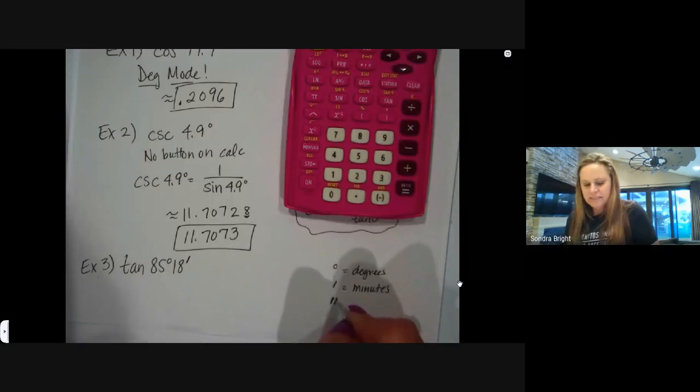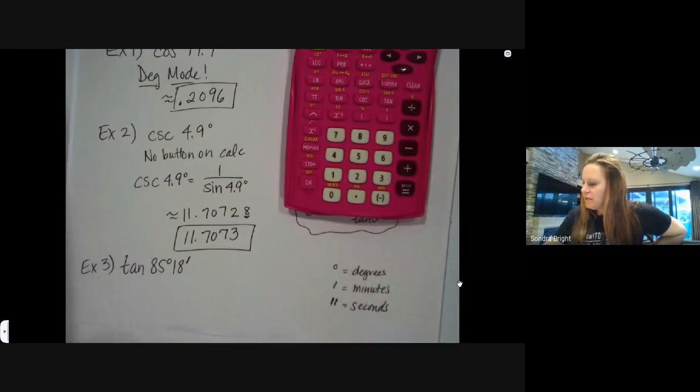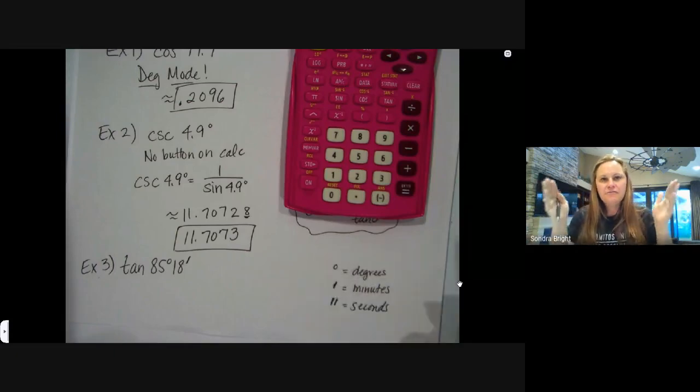We'll go into more detail on that later, but what you need to know is it's kind of like if you were to take a foot and then break it up into centimeters and then millimeters. There's actually 60 seconds in a minute, and there's 60 minutes in 1 degree.